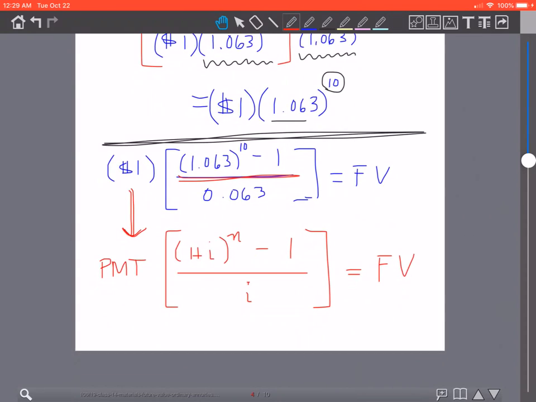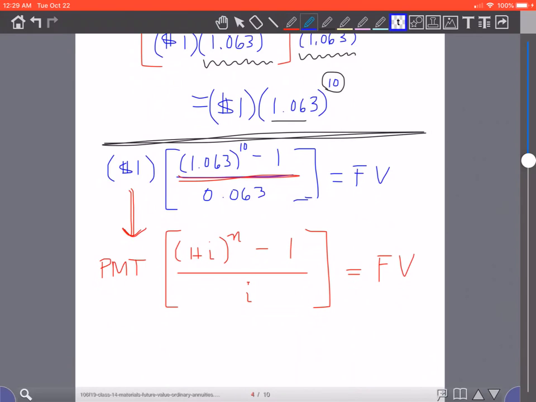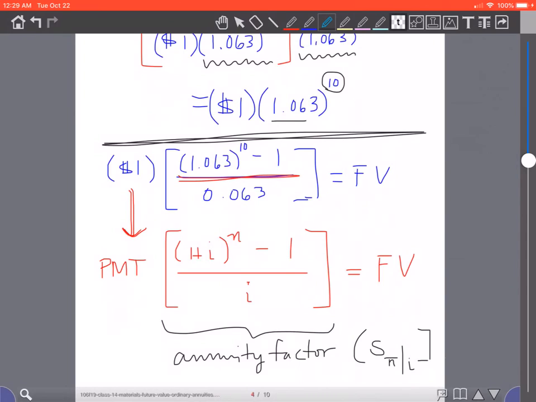Now just to label some things, this number inside the brackets here has a special name, which is called an annuity factor. And in your textbooks, they label it S sub n of i. Whoops, why did I just use brackets? I meant to use parentheses.